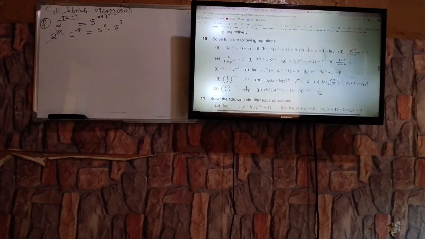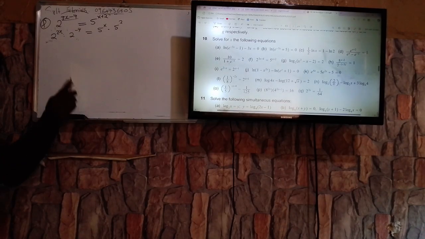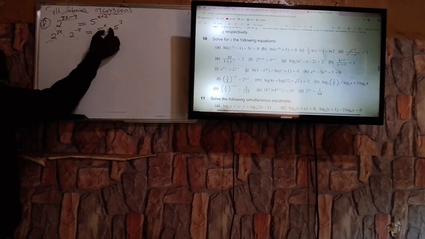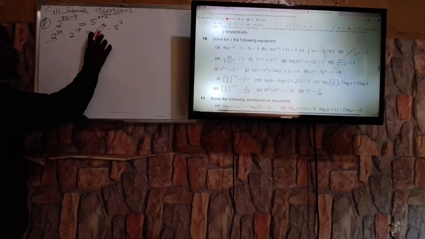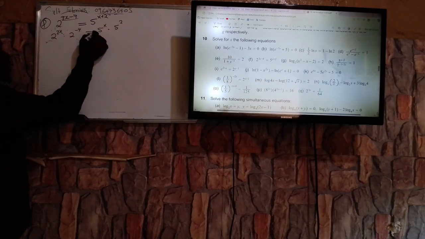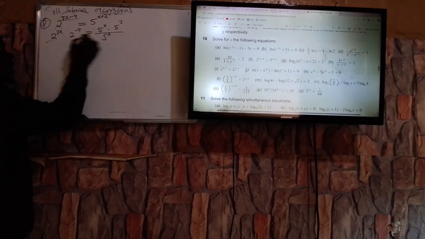Now, we want everything which has an x to be on one side. So what can I do so that everything which has an x can be on one side? For me to take 5 power x this side, I'm going to divide by 5 power x.